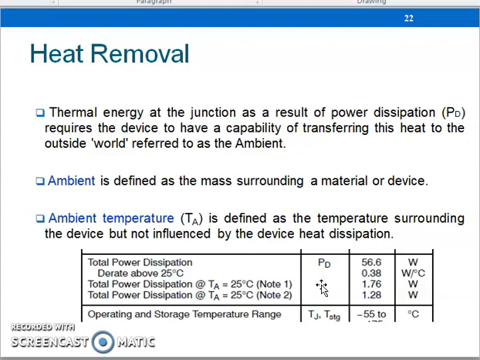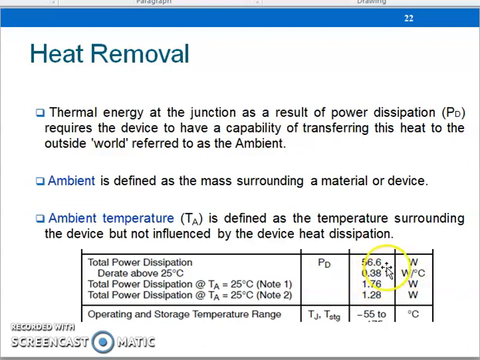When the device processes voltage and current throughout the system, these are the losses that should be dissipated by the device. This is the maximum capability of the device, up to 56.6 watt.